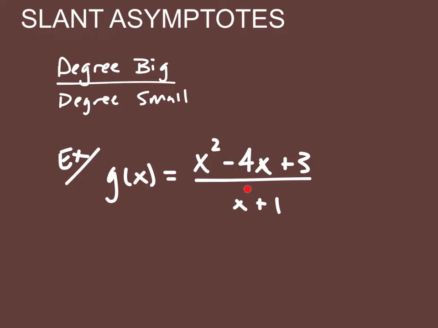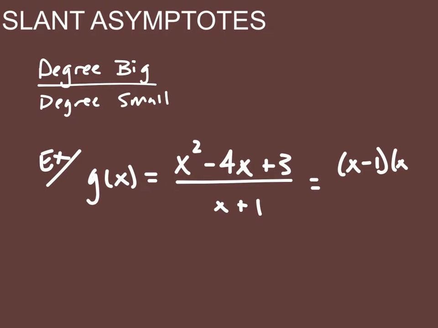One thing to think about is, can you simplify this? If we factor the numerator, that's x minus 1 times x minus 3, over x plus 1. Nothing divides out, so we can't simplify this rational function.